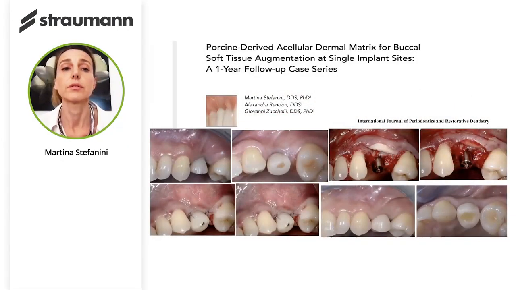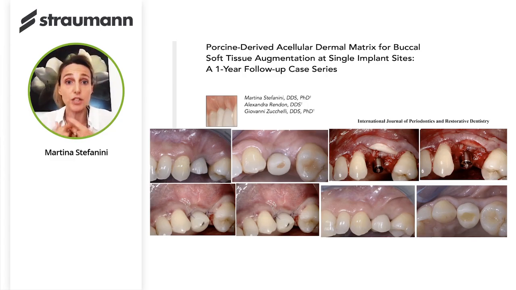And this was one of the cases that we treated in this case series study, in which we demonstrate how it is possible to increase in a predictable way soft tissue thickness around positioned implants with the use of this collagen matrix. And this collagen matrix shows a very interesting result and the capability to increase soft tissue thickness more than 1.5 millimeters, which is our final outcome.